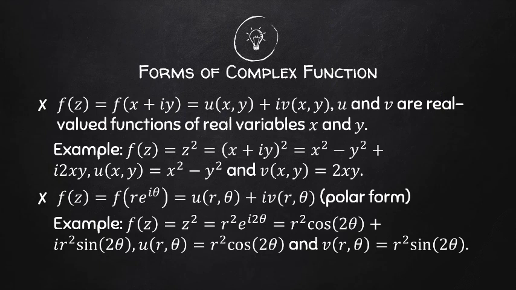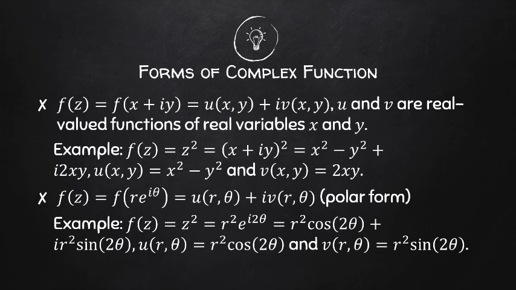And the second form is f(z) equals f(r e to the power i theta) equals u(r, theta) plus i v(r, theta). With this name, we can call it polar form.